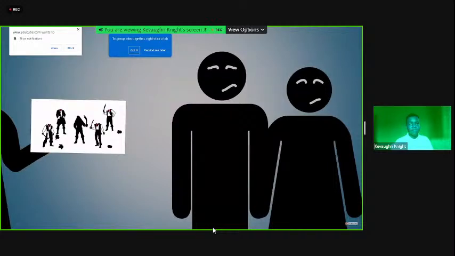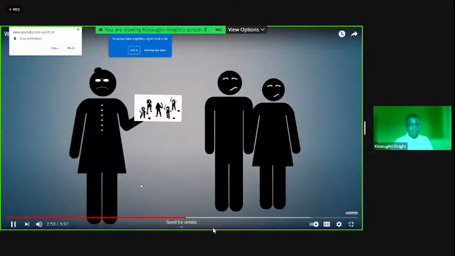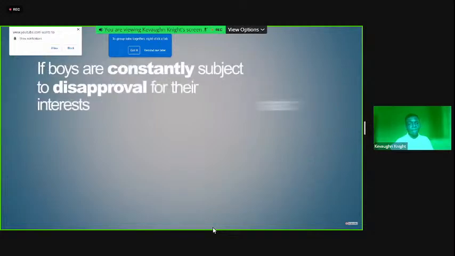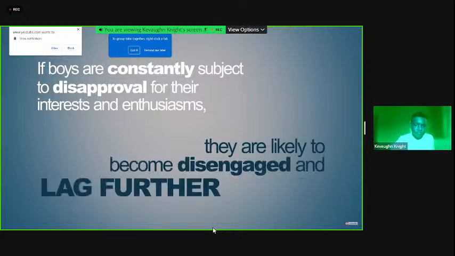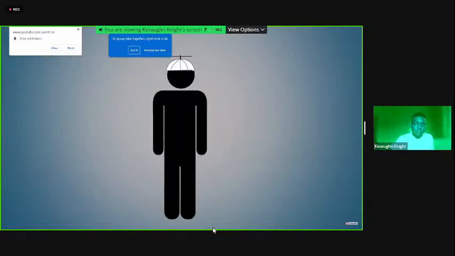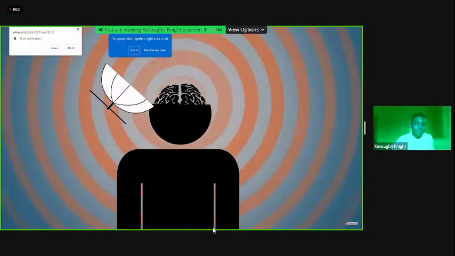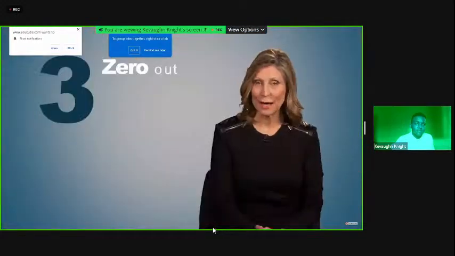The boy's father was astonished, not by his son's drawing, which to him was typical boy stuff, but by the teacher's overwrought and female-centered reaction. If boys are constantly subject to disapproval for their interests and enthusiasms, they're likely to become disengaged and lag further behind. Our schools need to work with, not against, the kinetic imaginations of boys.